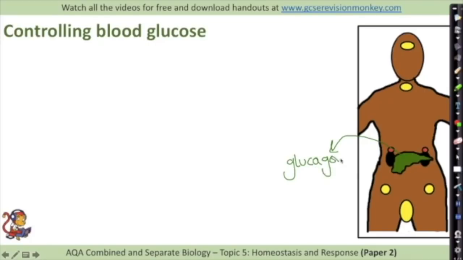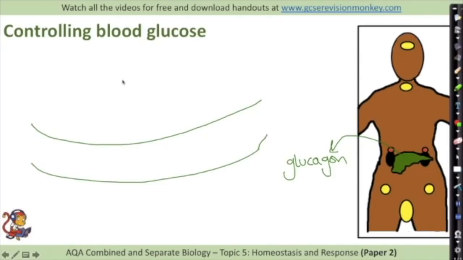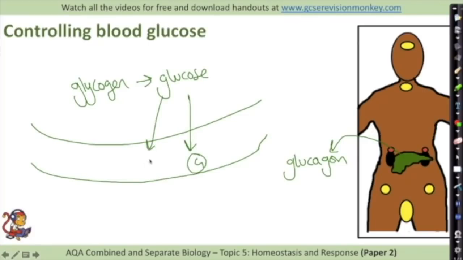So glucagon is a hormone produced in the pancreas, and what that will do is cause the liver to turn that glycogen into glucose again, which will then go back into our blood. So it does the opposite of the process that insulin does that we talked about before.